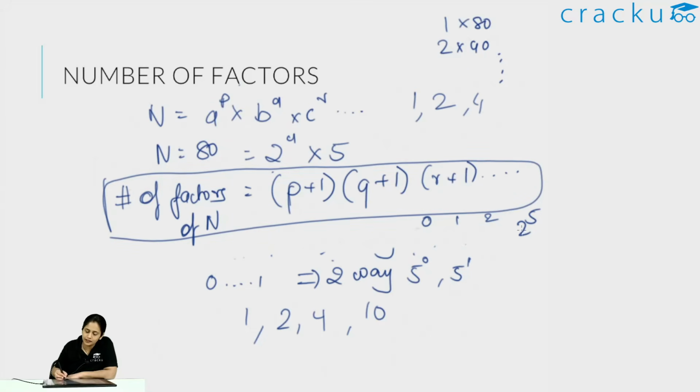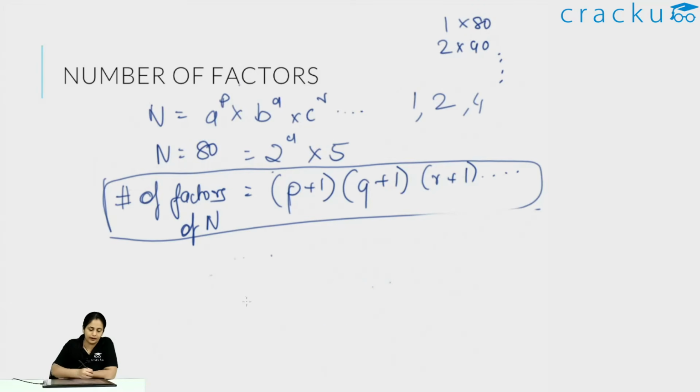Now a subset of this concept is to get the number of even factors and the number of odd factors. So how would you get the number of even factors? Basically in this case you have to say that suppose n is of the form 2 raised to p into b raised to q into c raised to r. So instead of a, I am assuming the first prime factor is 2.